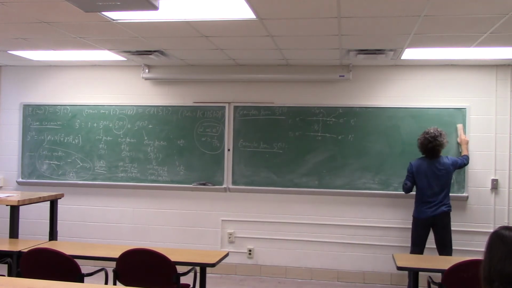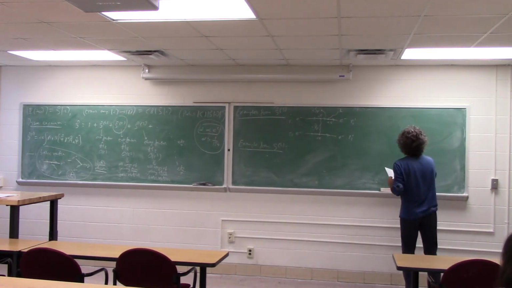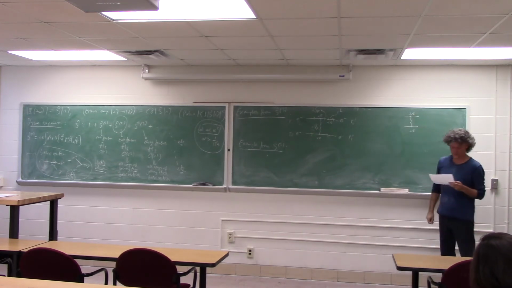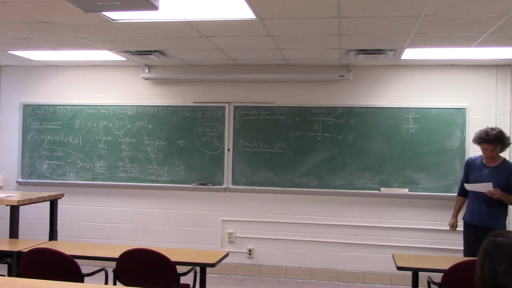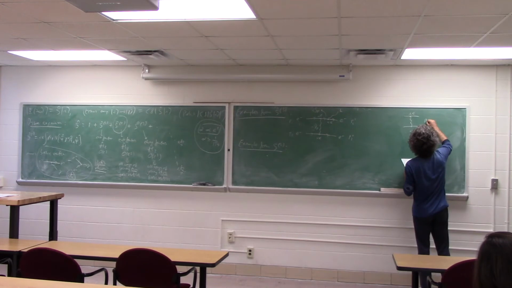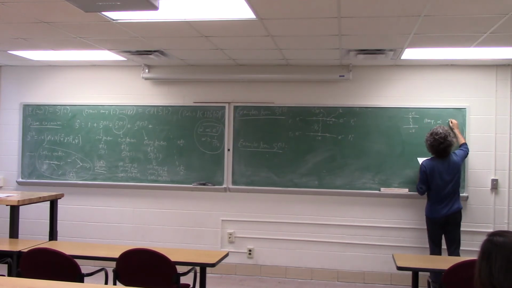Something I keep forgetting to mention, let me say it now. If I look at this process here, electron scattering, each vertex has a factor ie. So the amplitude is proportional to e squared.